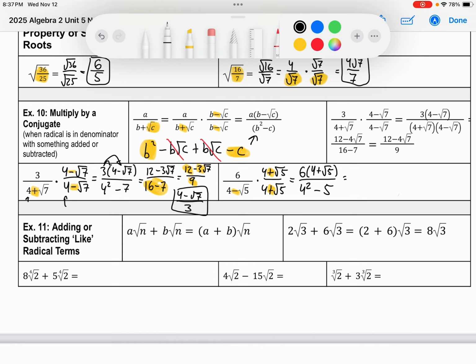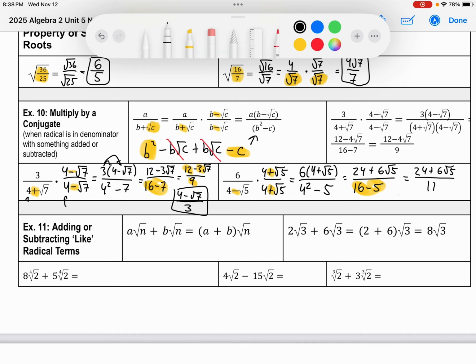So this gives me 6 times 4 is 24, plus 6 square root of 5 over 4 squared is 16 minus 5. And I can again do this subtraction here on the bottom, 16 minus 5. So we would get 24 plus 6 square root of 5 over 11.